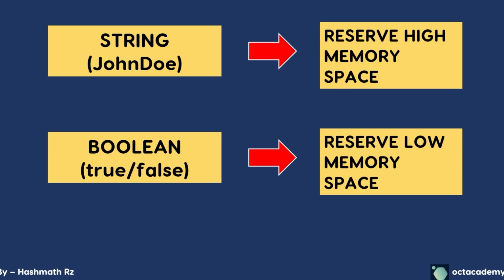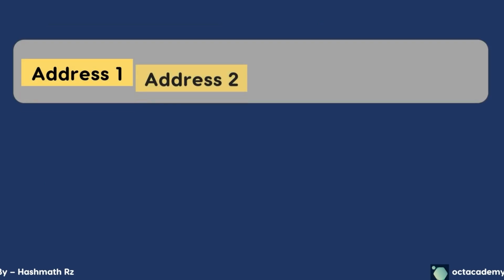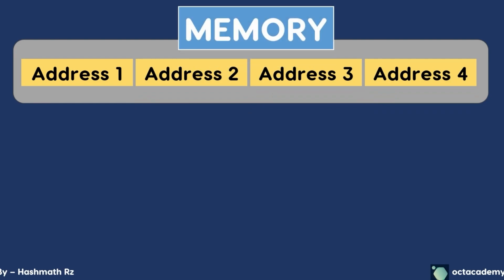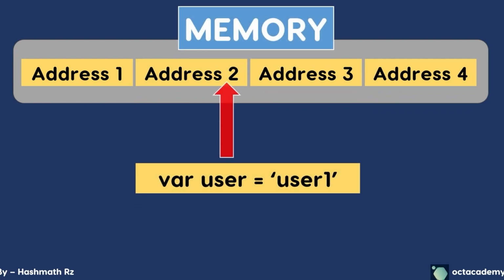So you can think of memory as a series of boxes, each with a unique address. When you declare a variable, the JavaScript engine assigns the value of the variable to a memory box, and the variable name is mapped to the address of that memory box.